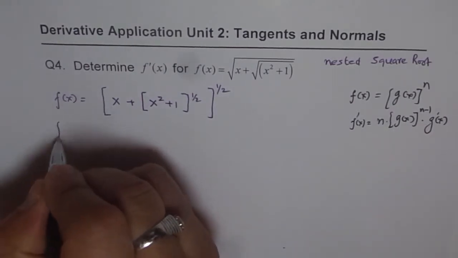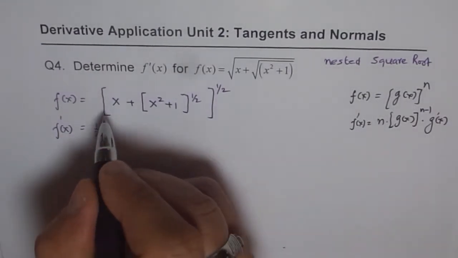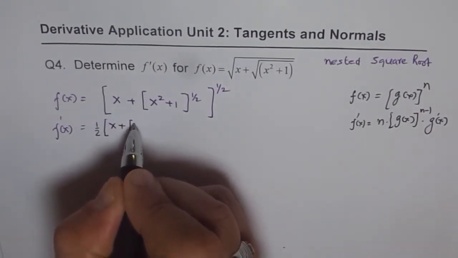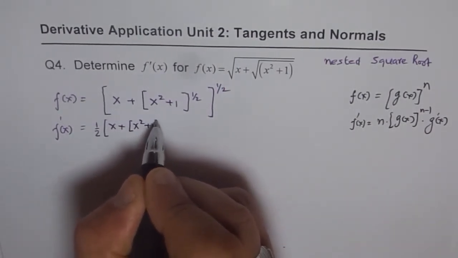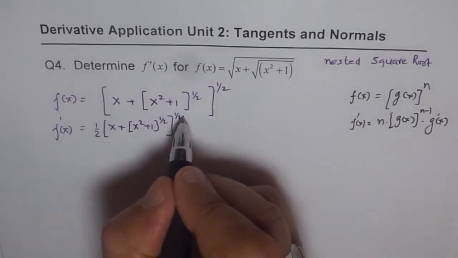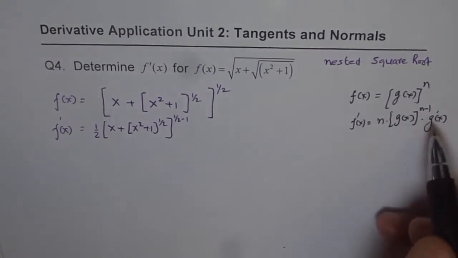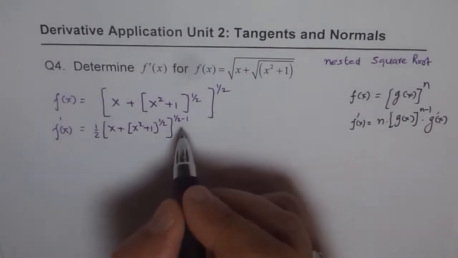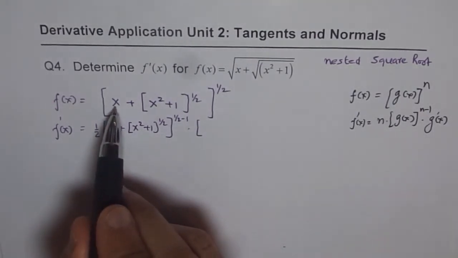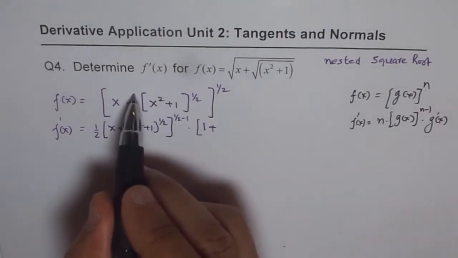Let's see what we get. So we get f dash x equals half of the whole thing, x plus square root of x squared plus 1, to the power of half, but this time the power becomes half minus 1. So that is the power rule applied. And then the derivative of the inside function. The derivative of the inside function is 1 for this x, plus the derivative of this square root.